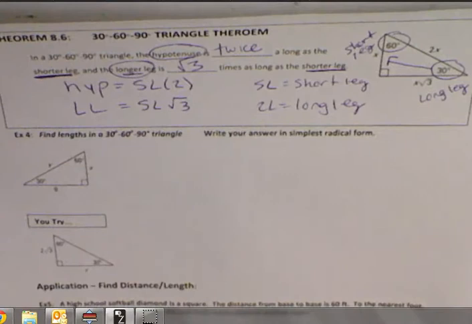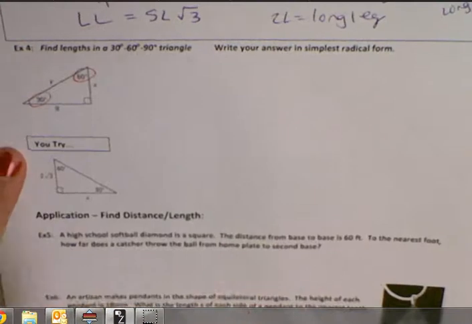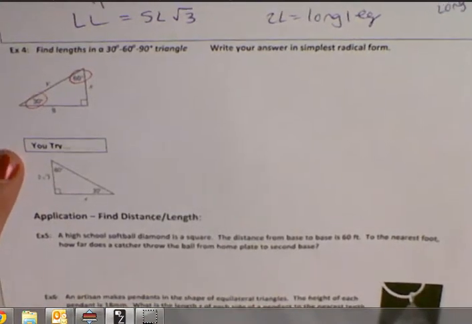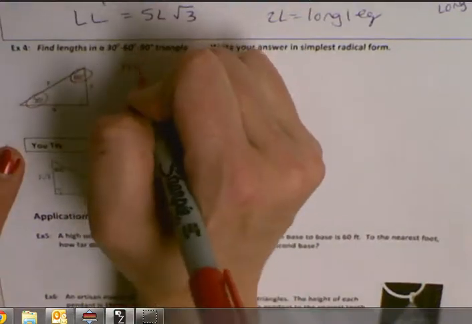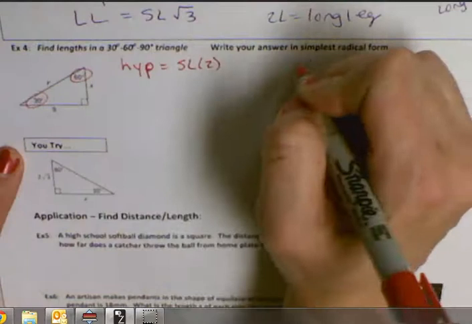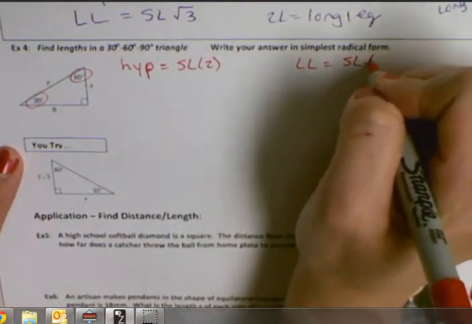Now remember, you need to first make sure that you have a 30, 60, 90 triangle. If you do not, this method does not work. You have to go back to your Pythagorean theorem. So if you have a 30, 60, 90 triangle, you know that your hypotenuse is equal to your short leg times 2, and you know your long leg is equal to your short leg times rad 3.